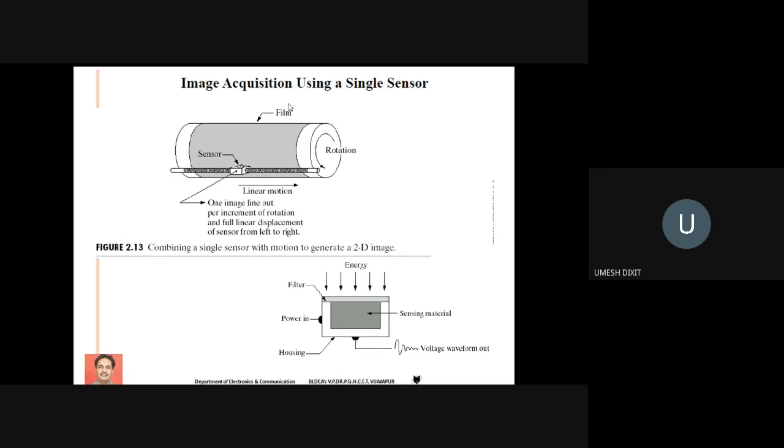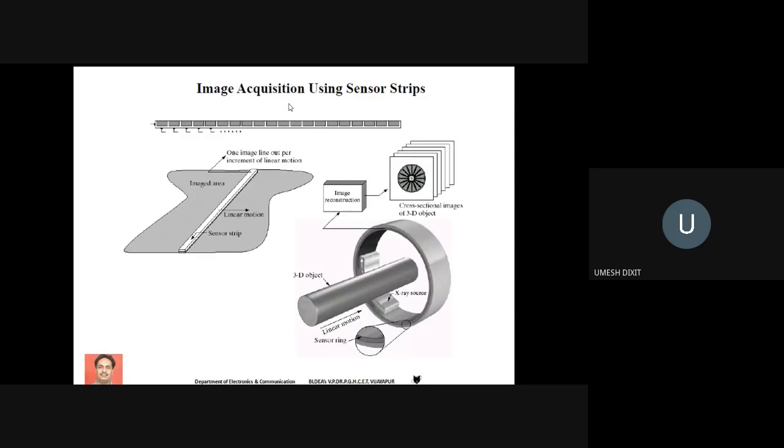Next we have sensor strips, the second type of sensors. They are also called line sensors. As the name itself indicates, we are going to use a group of single sensors in the form of a linear array.